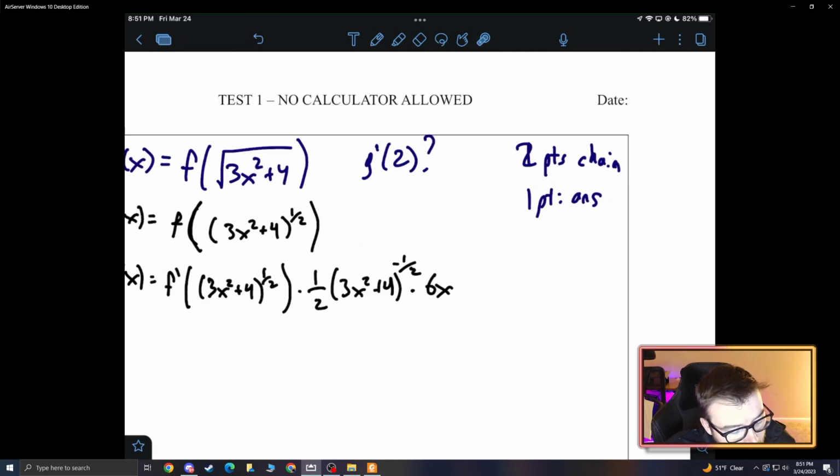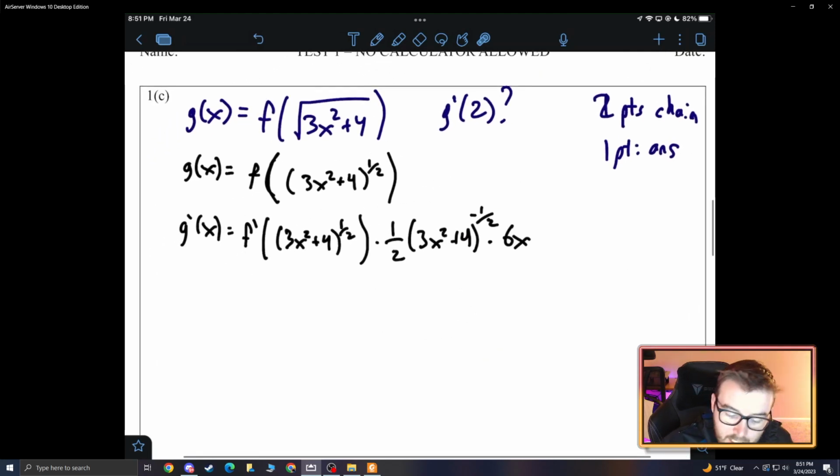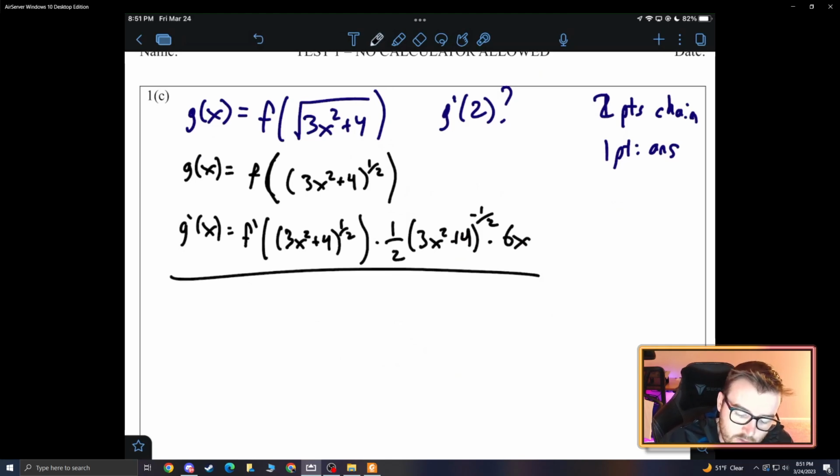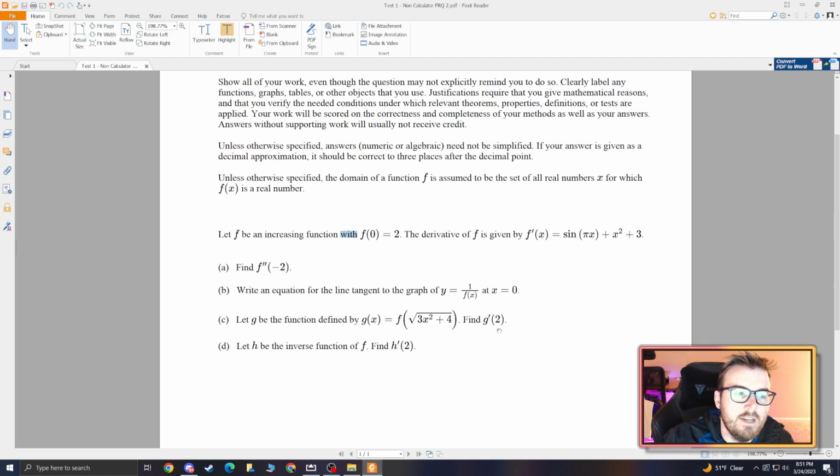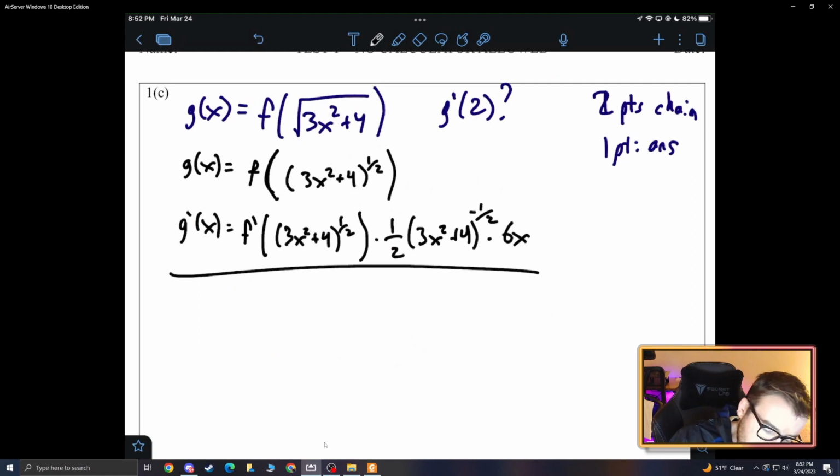So I guess I'm hearing that and going, okay, you could have messed up somewhat, but as long as there's evidence that you're applying a chain rule, they're going to give you 1 point. But if you do both chain rules right, you're going to get 2 points. That's what they're saying. So here's your chain rule. And then the question, if we go back, simply asks you to find g prime of 2. So if we find g prime of 2, that just means we need to plug in the number 2.